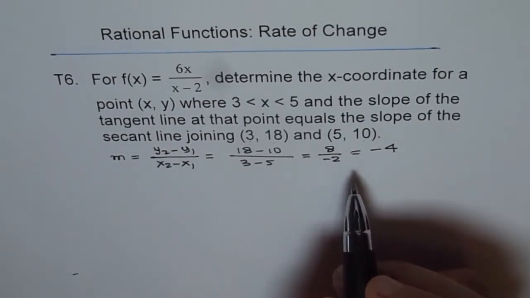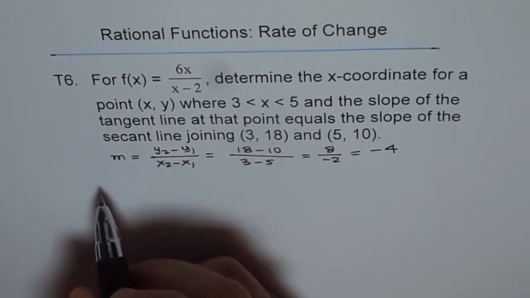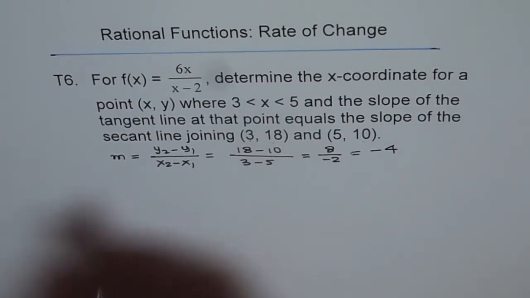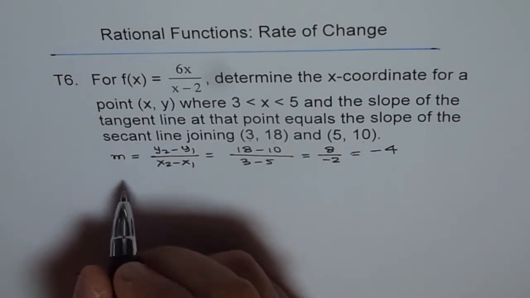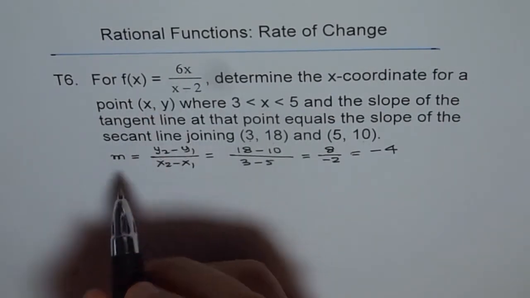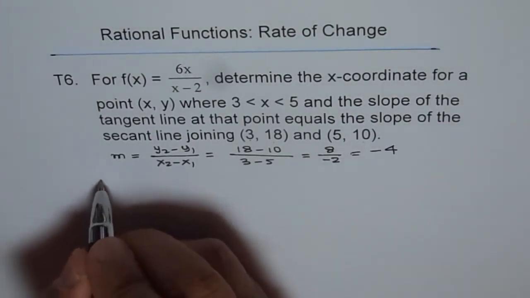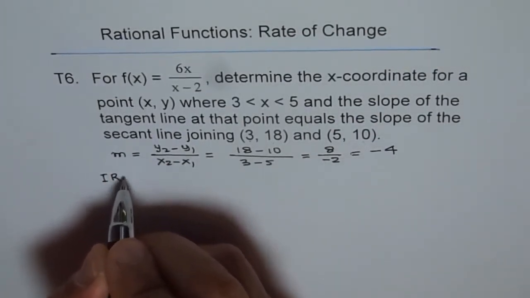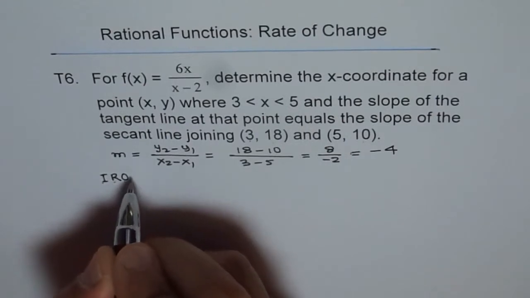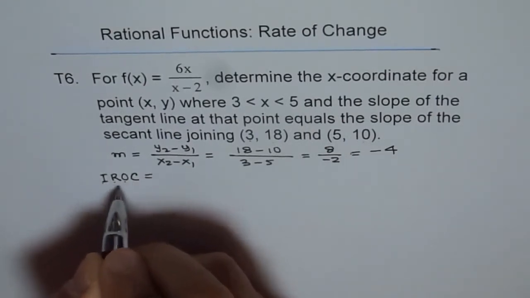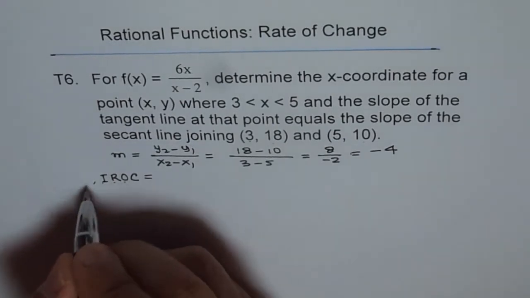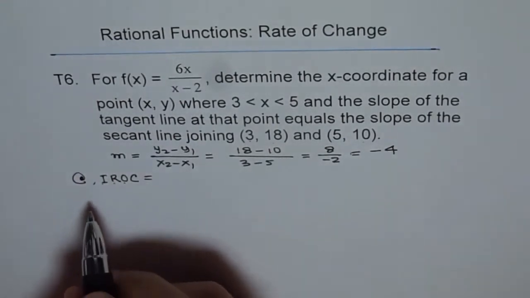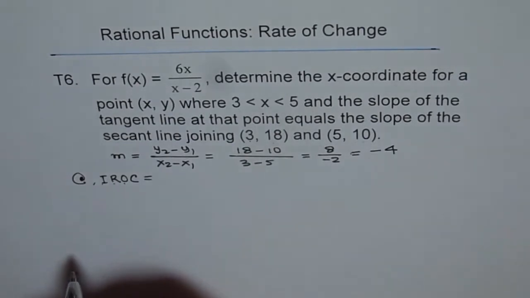So we'll do the instantaneous rate of change at a point, and let that point be A, for example, right? I am using this short form for instantaneous rate of change. At times I may use this symbol itself showing instantaneous rate of change, right?